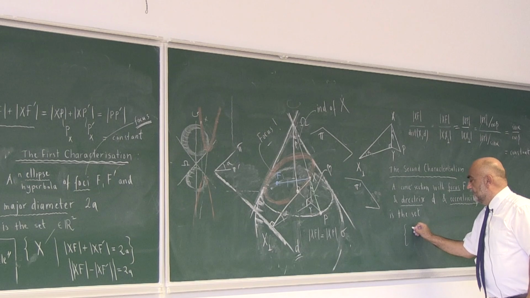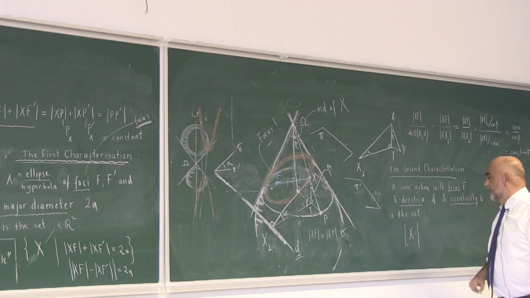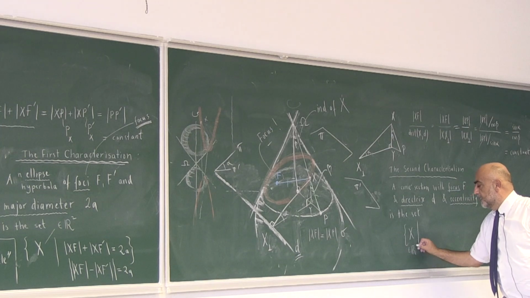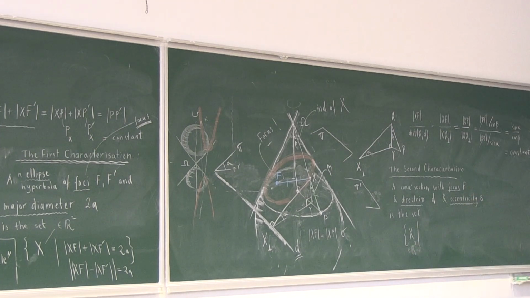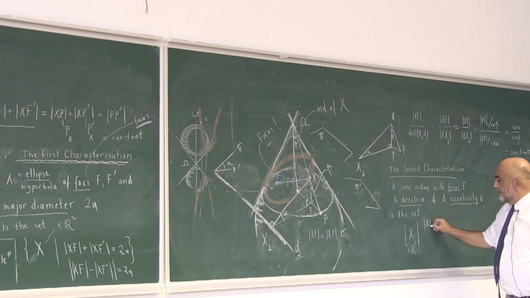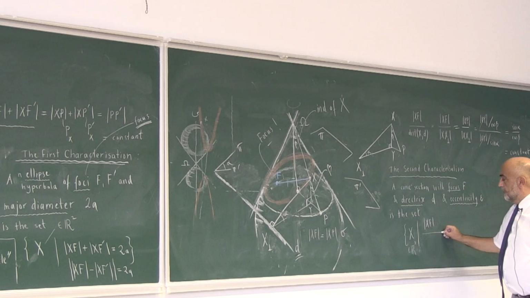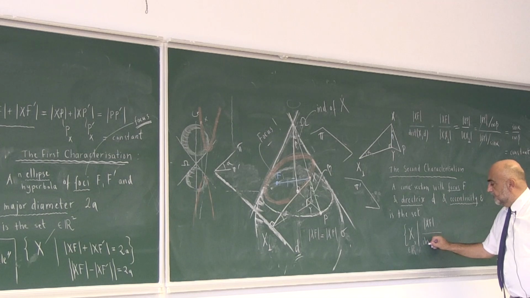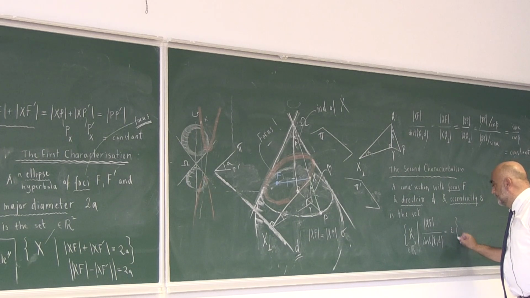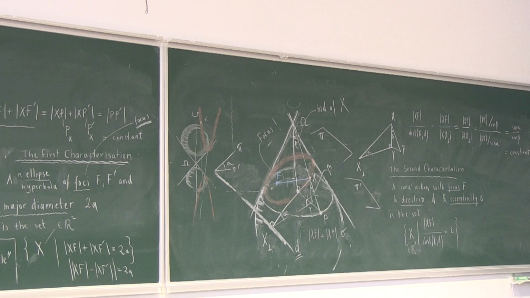So it consists of those points x in the plane, if you like, in the Cartesian plane, with the following property: that the distance between x and the focus f, divided by the distance between x and the line d, is equal to epsilon, fixed. Well, this is a conic section with focus f, directrix d, and eccentricity epsilon.